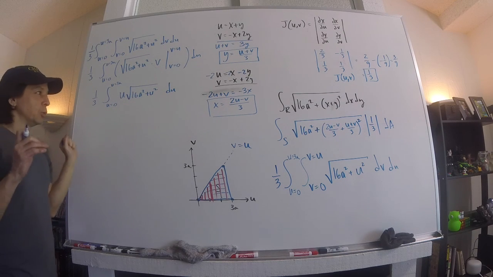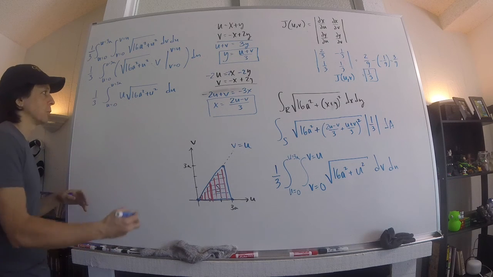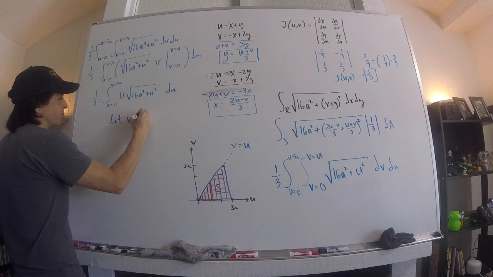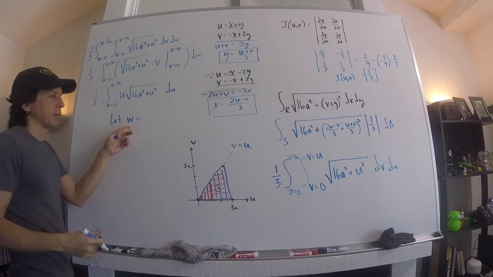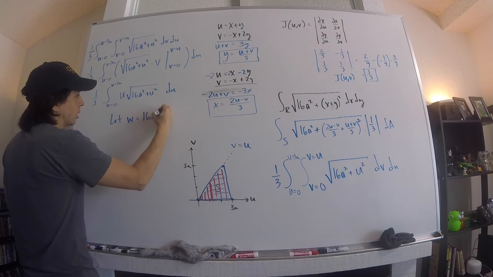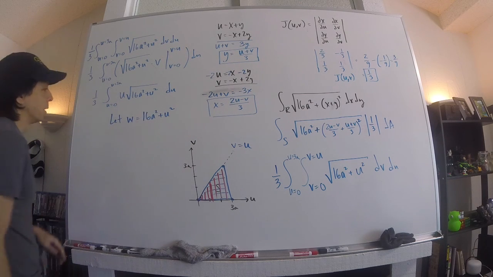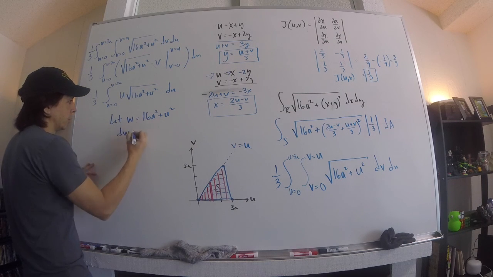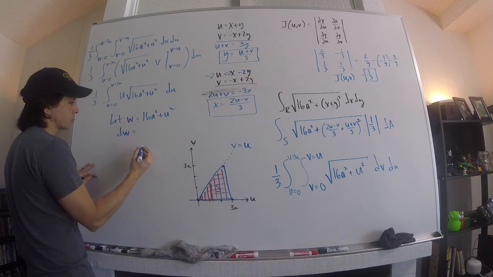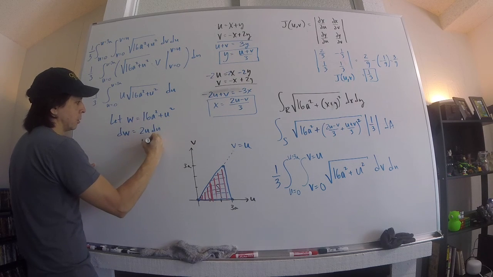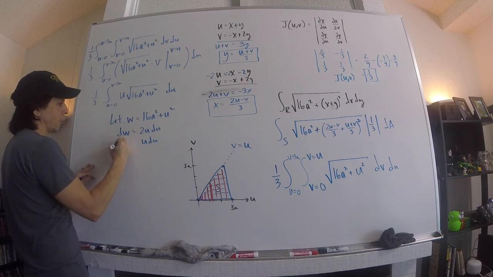I can't use u substitution because I already have a variable u, so I'm going to use w, but same idea. Let w, that's usually what they go with if you can't use u. I've seen it multiple times, but whatever letter you want, your favorite letter is fine. I'm going to let w equal that. My dw is going to be equal to u du. That u and that du will become 1/2 dw.